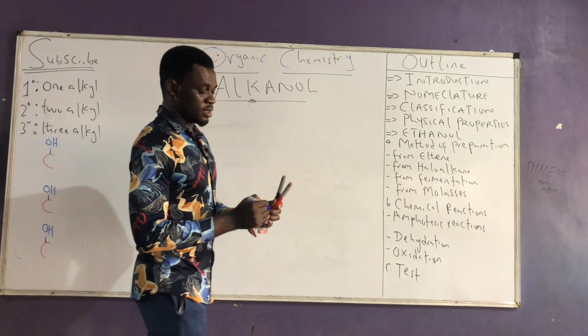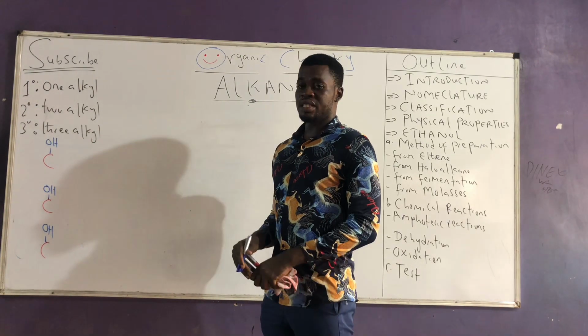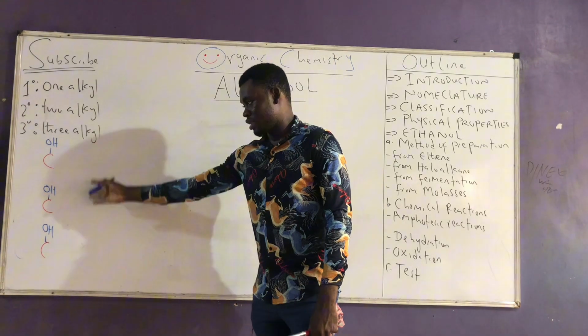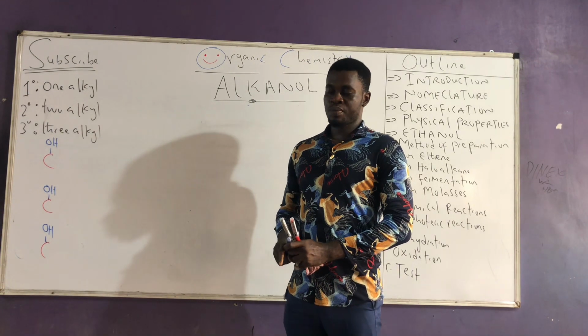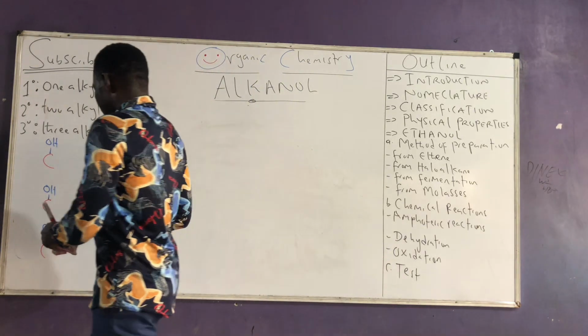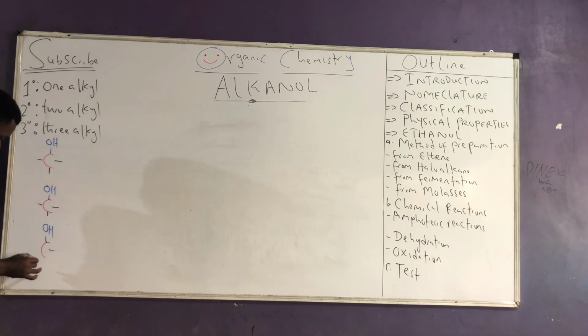So I want to show you what I meant by the definition I gave you for primary, secondary, and tertiary alkanols. So these are carbon atoms, three carbon atoms. Each carbon atom has one OH functional group. Now obviously this carbon atom has to bind in three other places. It needs three other substituents.